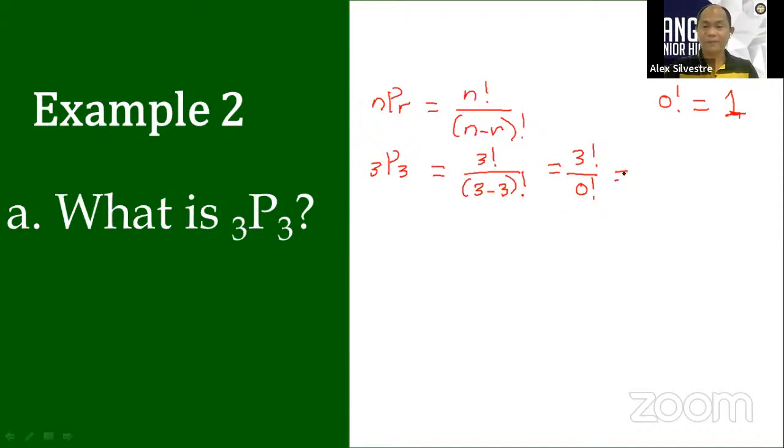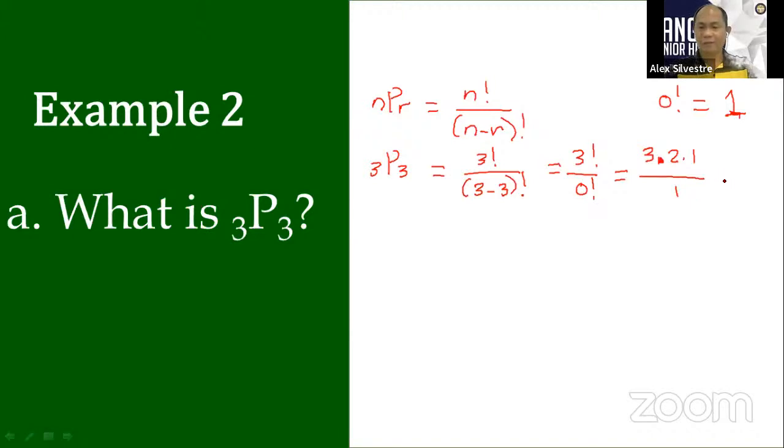Then if you have to simplify now, yung 3 factorial natin, you can indicate 3 times 2 times 1. Okay? You can expand, the same as what we did in the previous exercises on how to evaluate factorial notation, while the denominator is only 1, wherein that is the value of our 0 factorial.